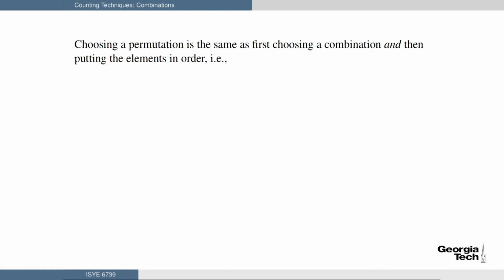In fact, choosing a permutation is exactly the same as first choosing a combination and then putting the elements in order. So in other words, n factorial over (n minus R) factorial, the number of permutations of n things taken R at a time, equals the number of combinations times the number of ways to put those R elements in order.